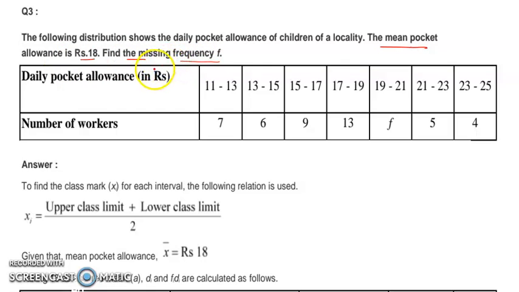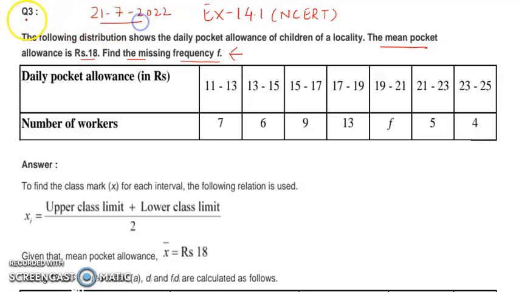Do these types of questions very carefully, because finding the missing frequency has been asked regularly in boards. This is your NCERT exercise 14.1, and today is 21st 7 2022, question number 3.